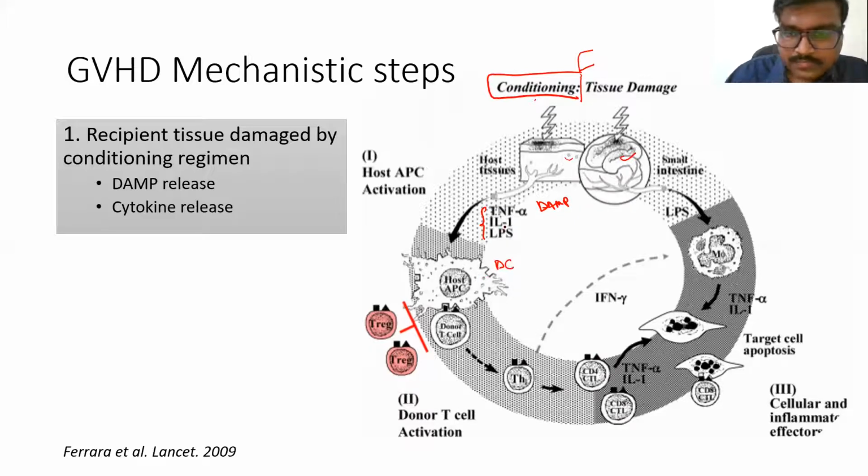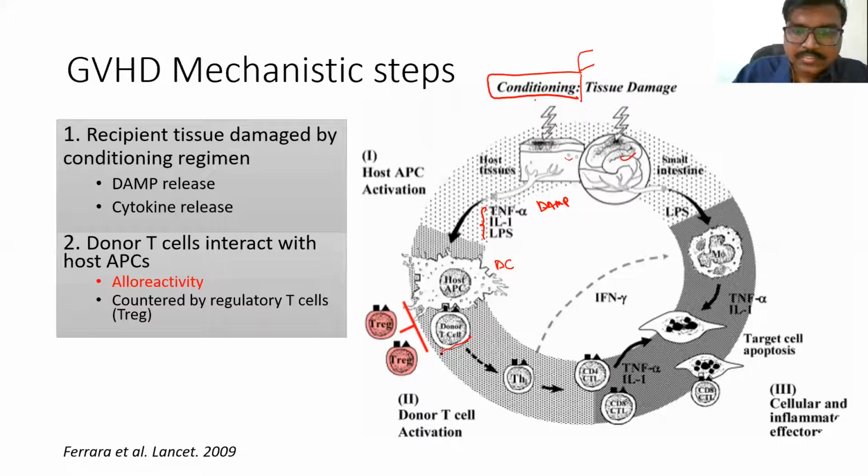So when there is a lot of dendritic cell activation, these antigen presenting cells activate the donor T cells. So this activation of the donor T cells leads to alloreactivity. This is normally prevented by regulatory T cells, but because of intense immunosuppression, the regulatory T cells are usually reduced.